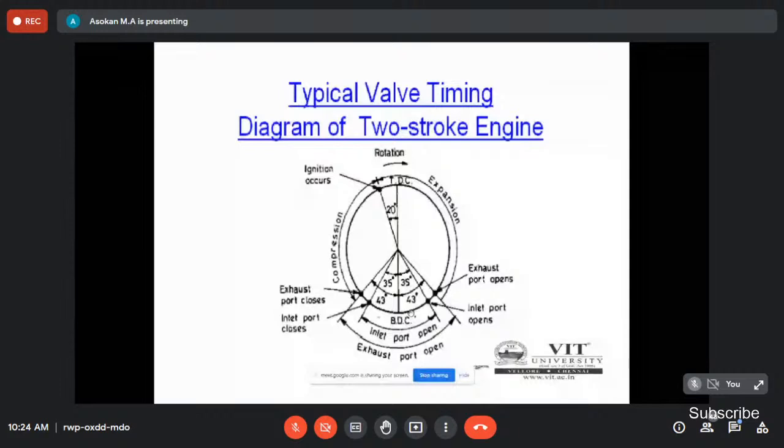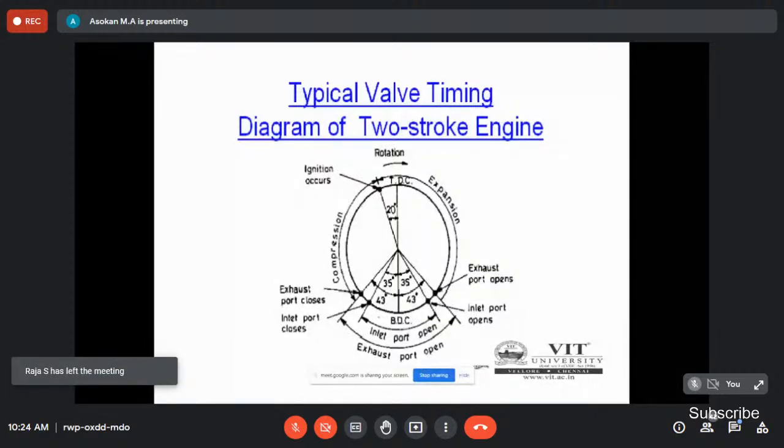It never generates the maximum, that's why it opens 20 degree before TDC.